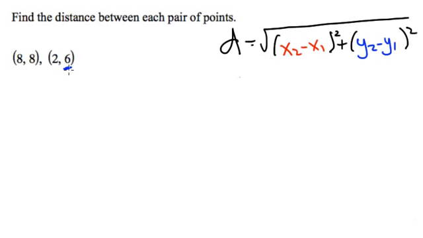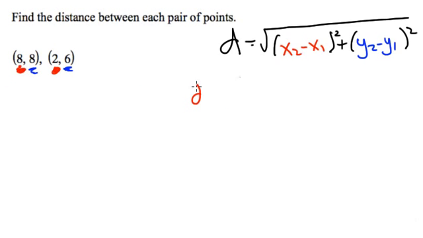My y coordinates are going to be 6 and 8, and my x coordinates are going to be 8 and 2. So let's plug it all in and find what we got.